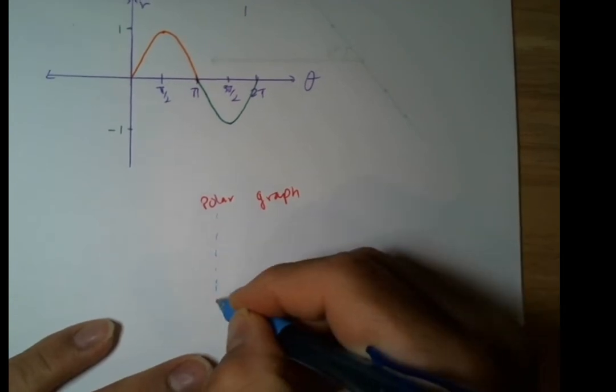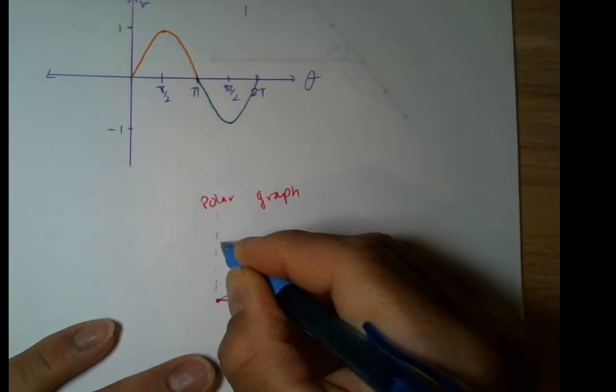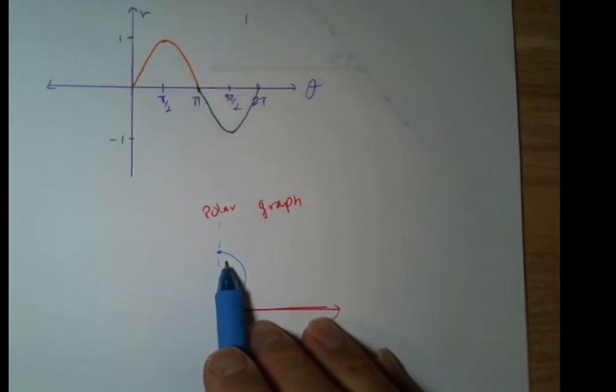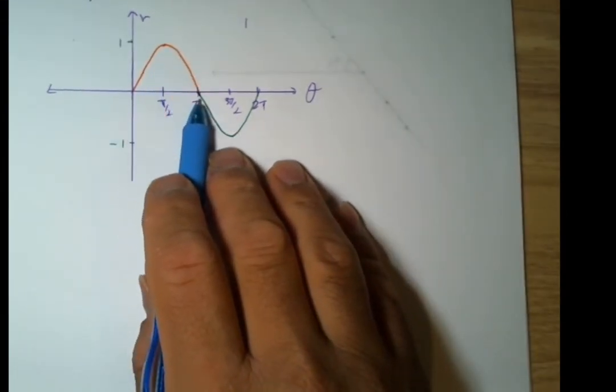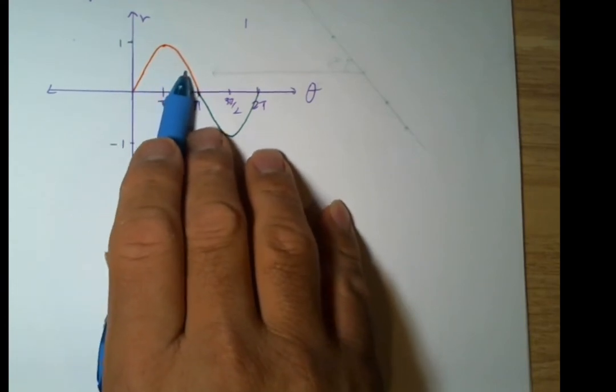So it increases till it gets to 1 at pi over 2. And then from pi over 2 to pi, the value of r, r being the vertical, decreases to 0.